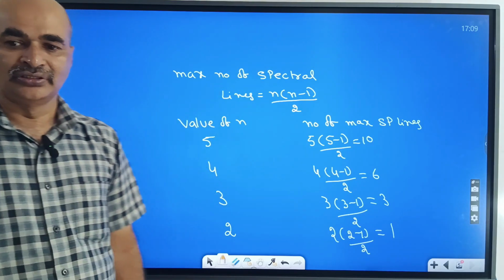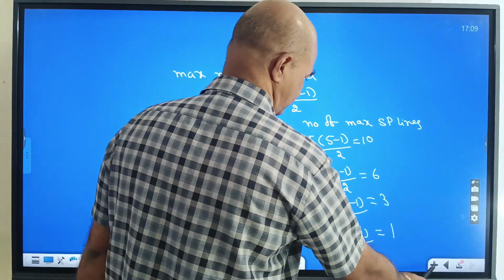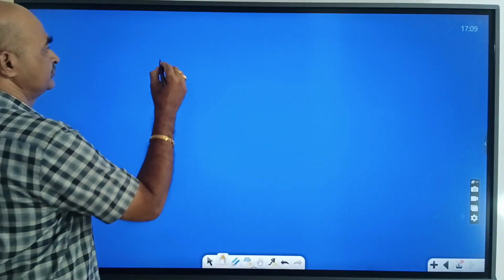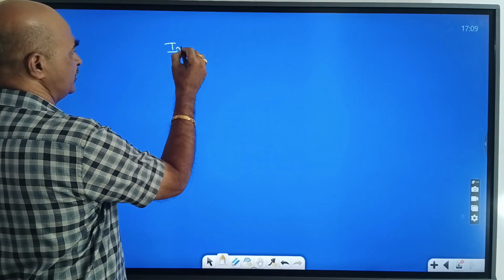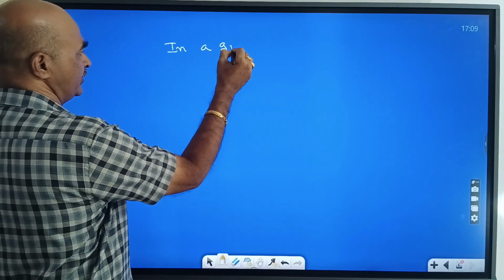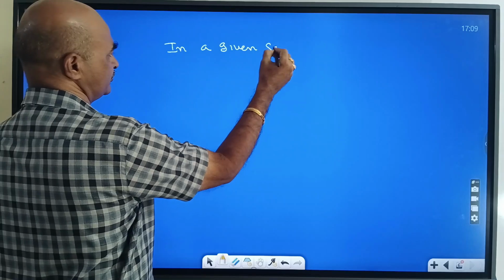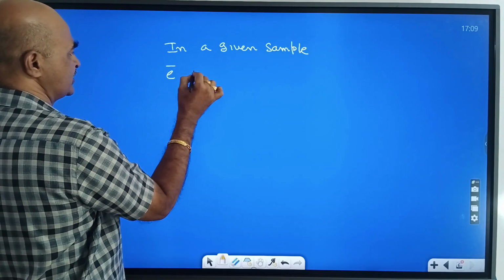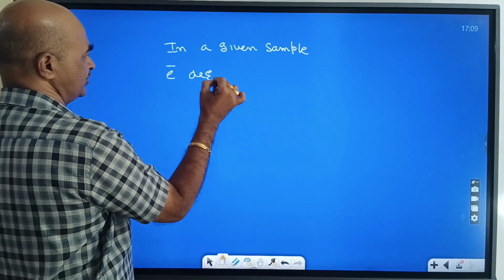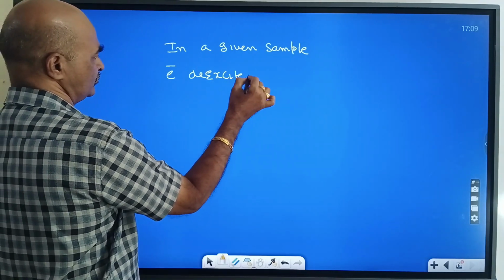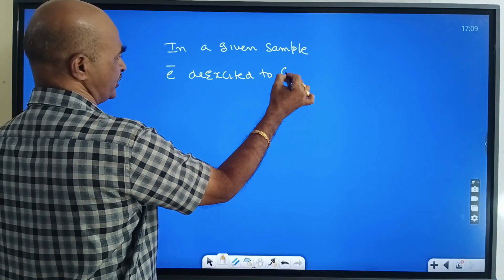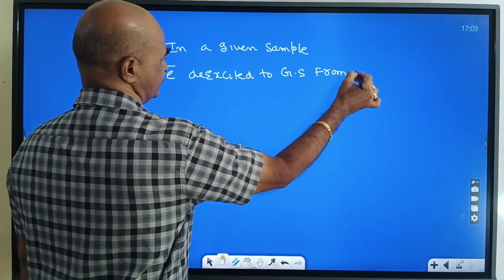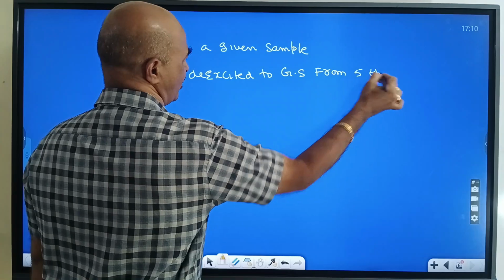Now suppose electrons in a given sample de-excite to the ground state from the fifth orbit.